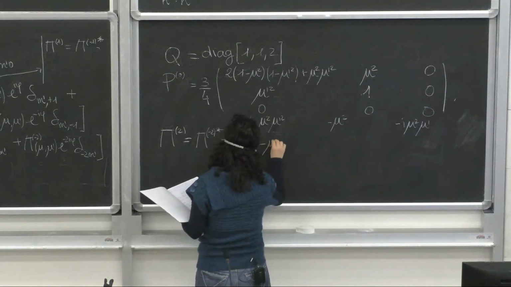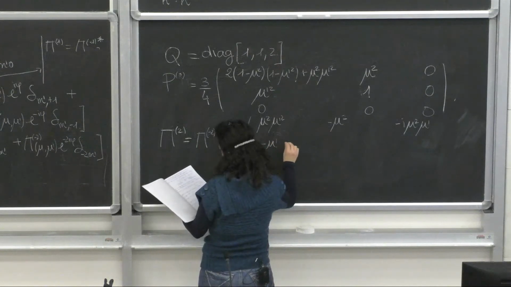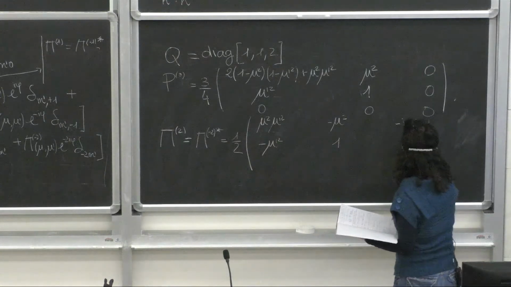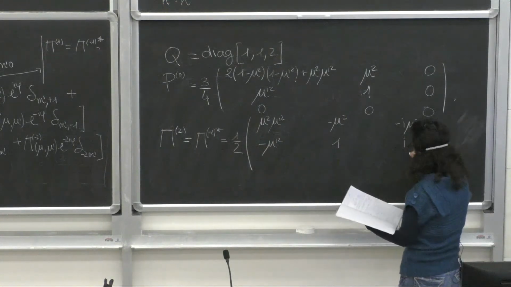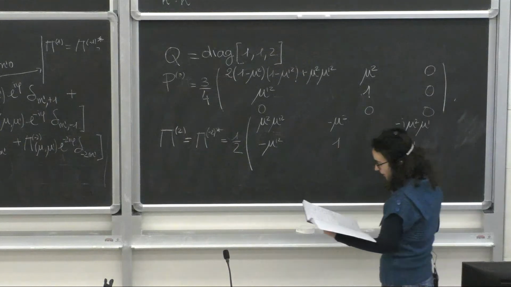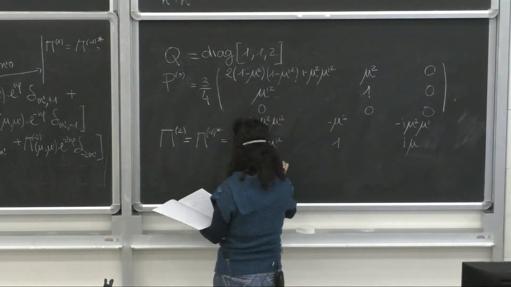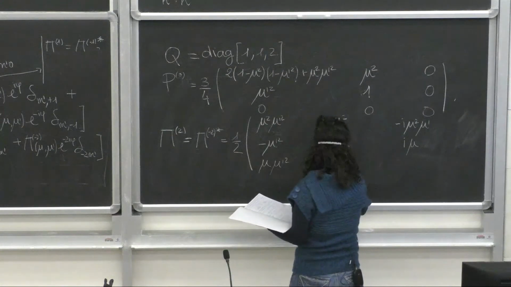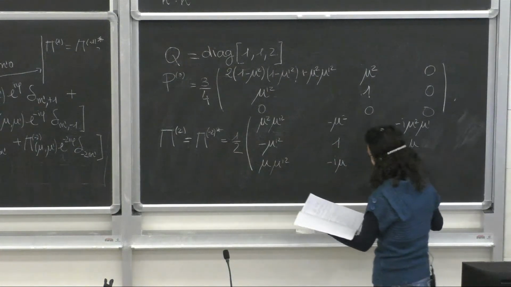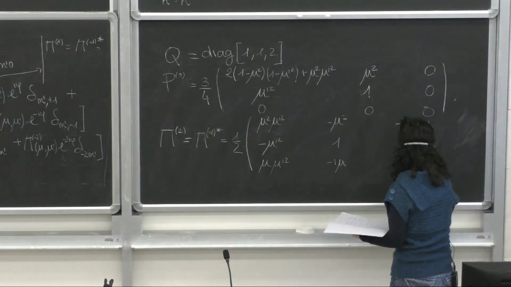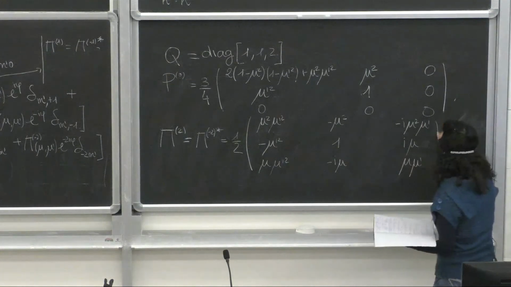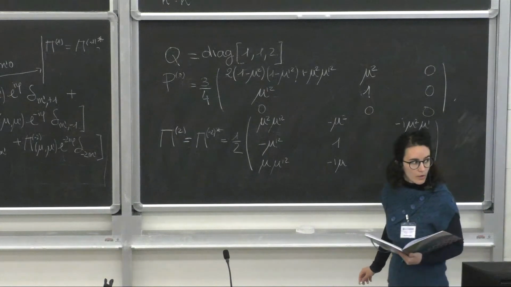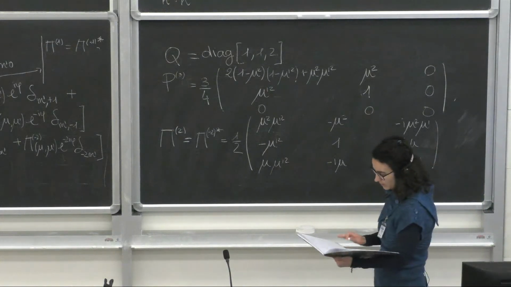The other row is minus mu prime squared, 1, i mu. And finally, the third row is mu prime square, minus i mu prime. Okay.